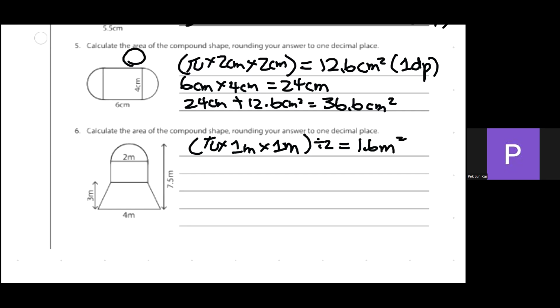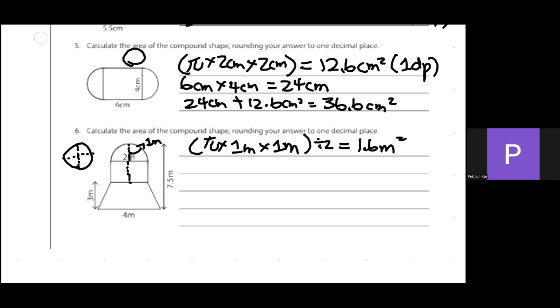Now, for the rectangle, we need to find its height first. The height for the semicircle would be 1 m, since this is the diameter and half of the diameter is 1 m, since the diameter is 2 m. The height for the trapezium is 3 m.